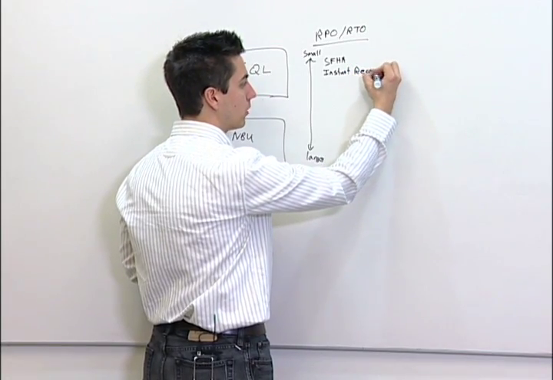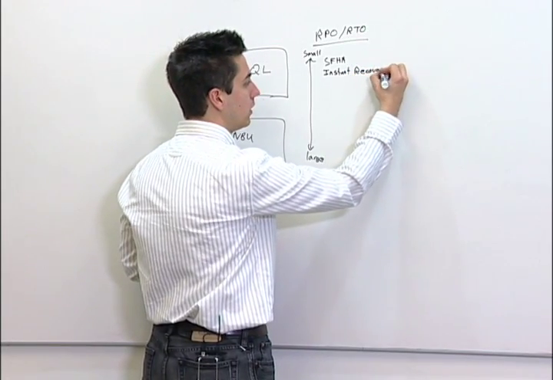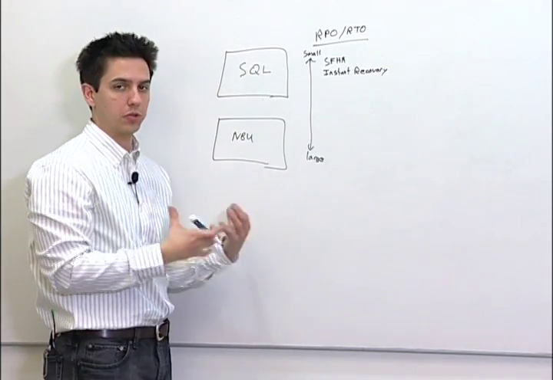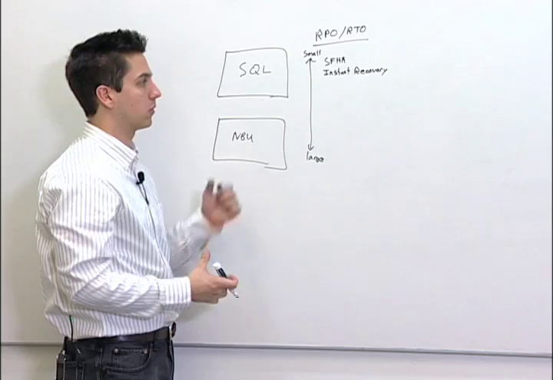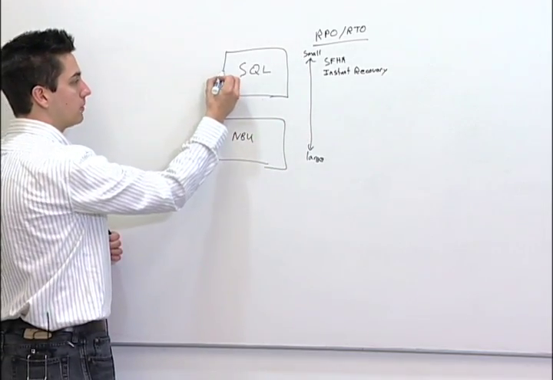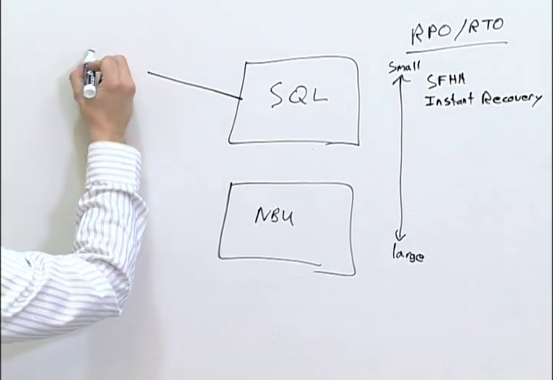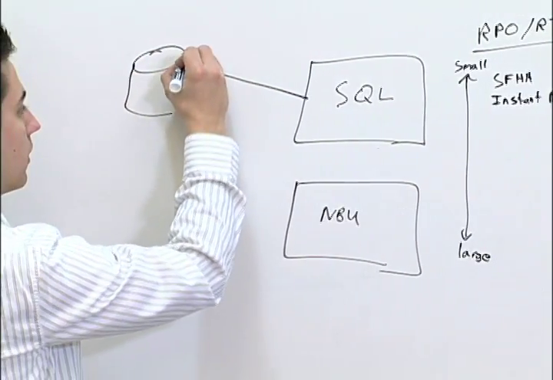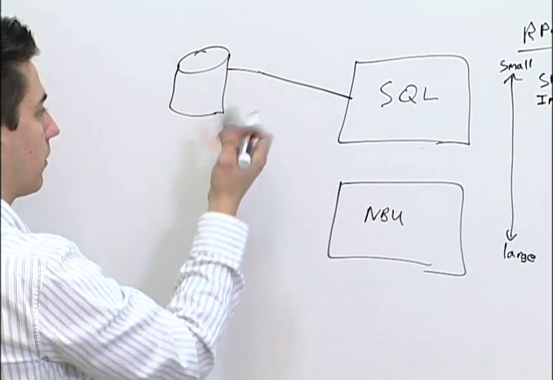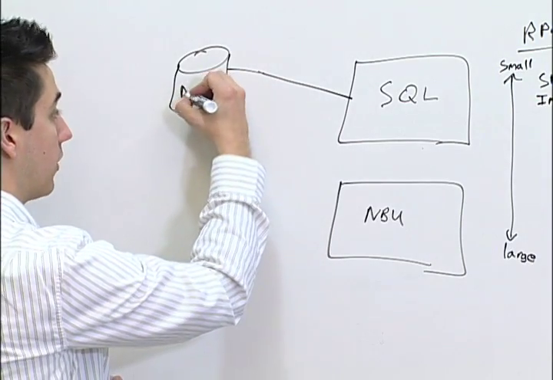Now instant recovery is really a term that we give for having NetBackup manage and control the snapshot process on some sort of storage. So your SQL environment here, to use instant recovery, would have to be managed on some sort of centralized storage. Now that storage could be something like, say, storage foundation.